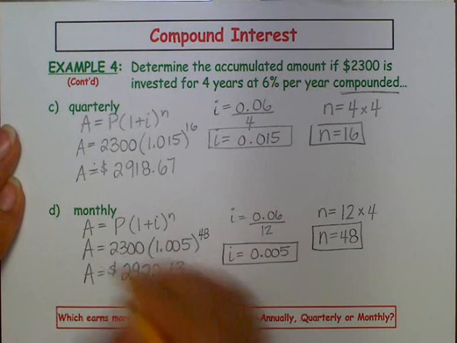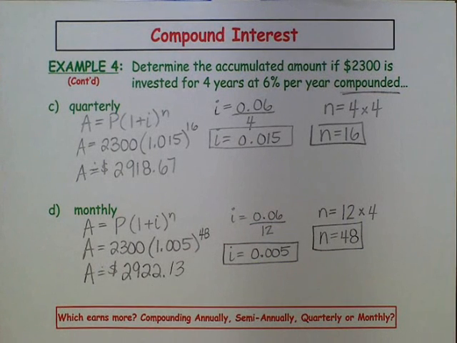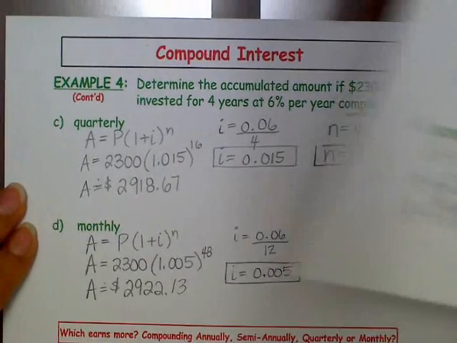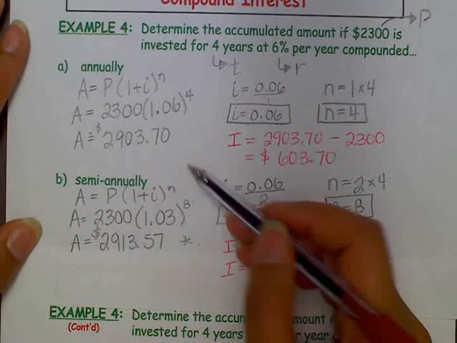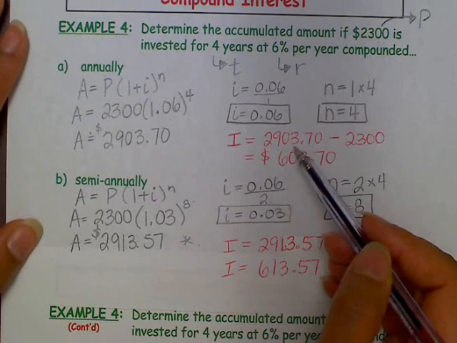Now, let's take a look at how much interest is earned. If I compare all four of the examples we had earlier, let's look at the first two: we had $603 in interest, then $613 in interest.